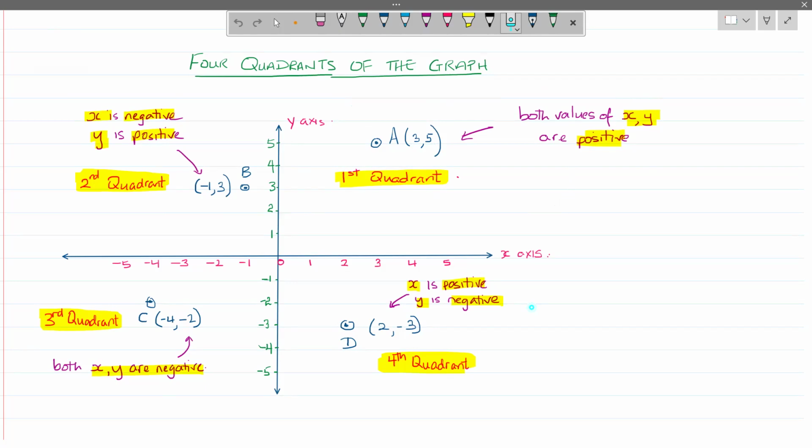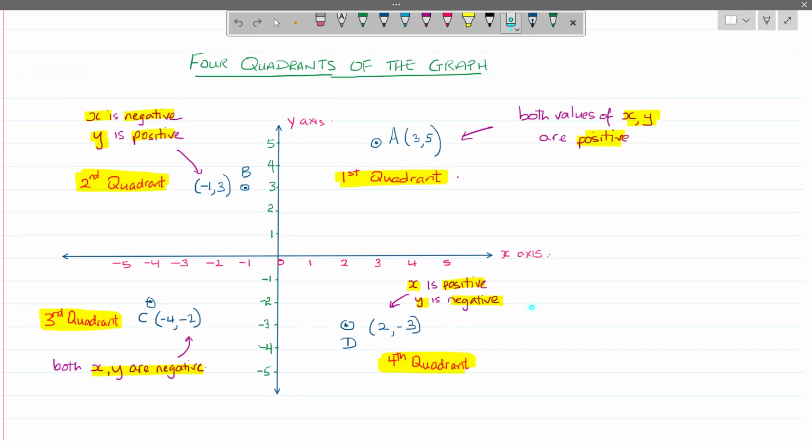And why is it important that I share this with you? So that even if we don't have a graph in front of us, when you see a pair of coordinates, automatically in your mind, you should know which one of these quadrants the point is lying in. So if I have a coordinate with 2 positive numbers, I know that this has to be in the first quadrant, which is the top right-hand side.